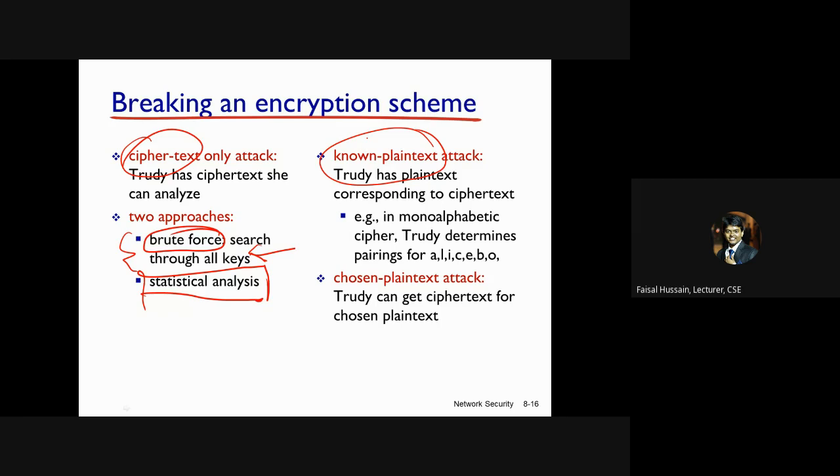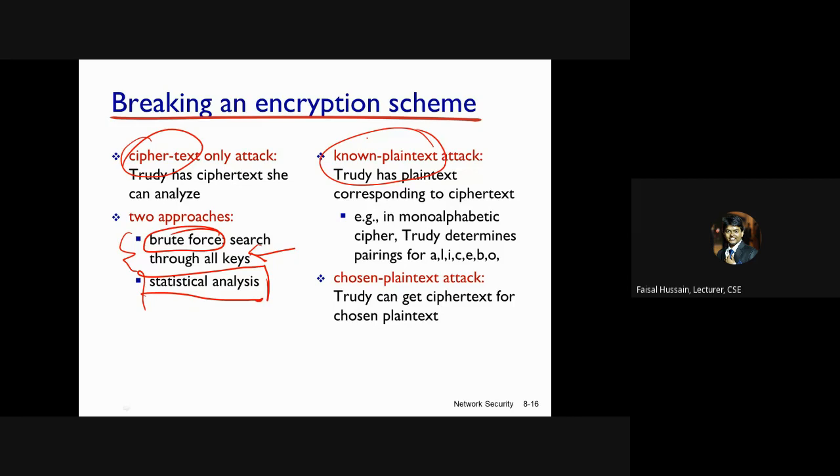An intruder can guess, because if there is a pattern that it always sends out these messages, they can try to guess what the plain text will be if they are using a monoalphabetic cipher. So that will be very easy to break.